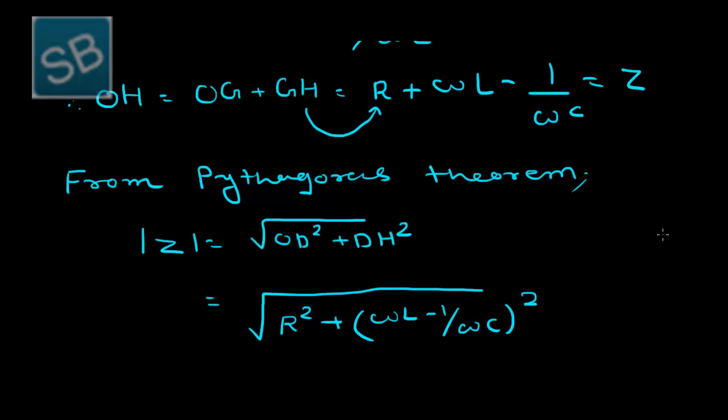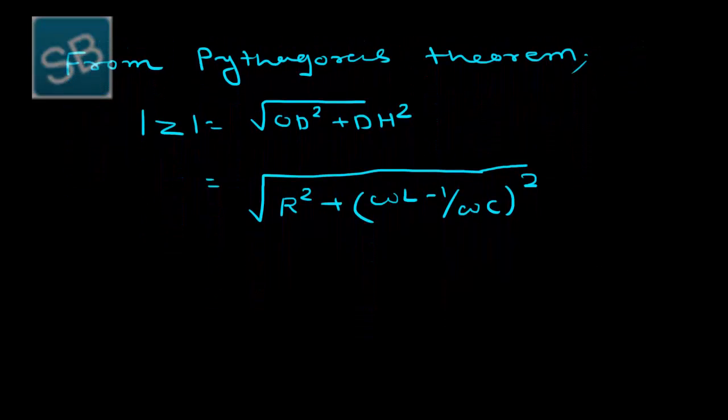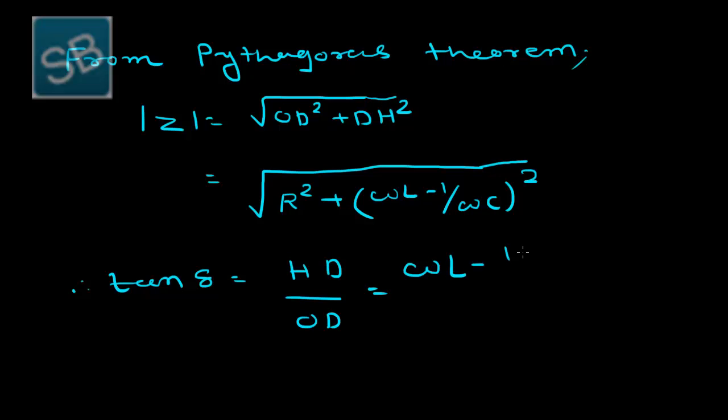And if you want to find the phase difference, then you have one equation in terms of slope form, that is tan delta is equal to HD over OD, meaning the two sides of the triangle, that is equal to omega L minus 1 over omega C, this whole term divided by the resistance.